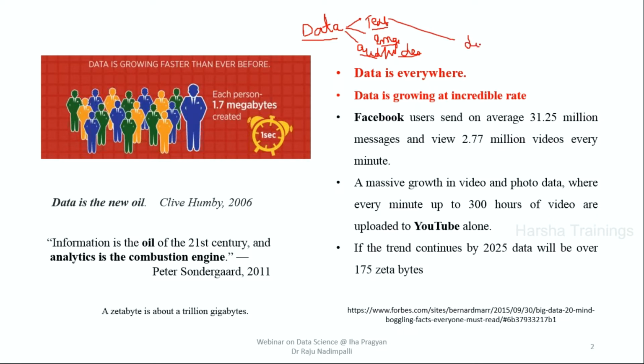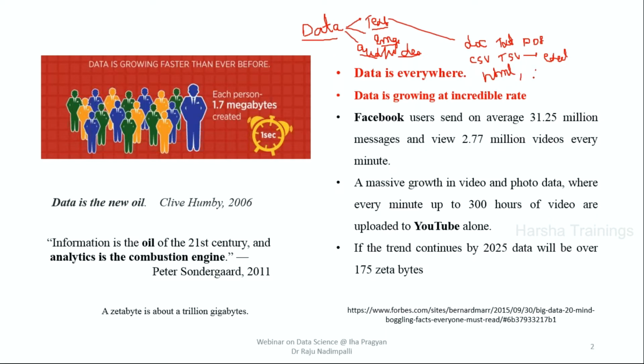Now, if it is a text, what kind of data are you going to deal with? Maybe document file, maybe text file, maybe PDF file. Then if you are dealing with Excel data, maybe the data will be a CSV file, comma separated values, maybe TSV, tab separated values. These two are called Excel files. And sometimes you will have the data in the form of HTML, hypertext markup language, which is used to display the data.